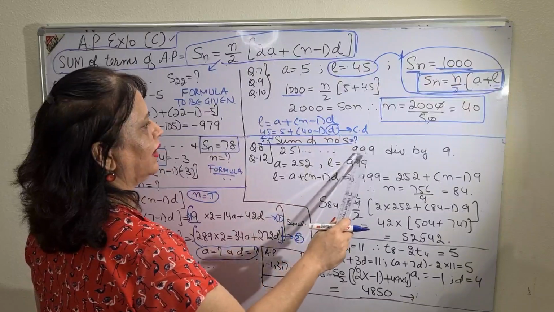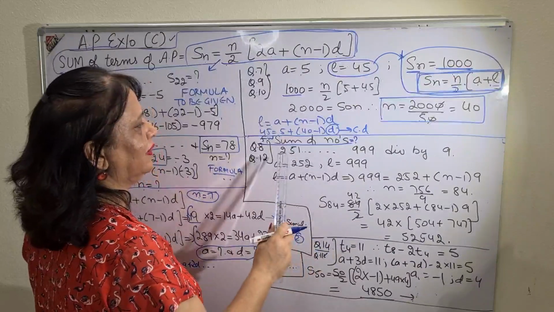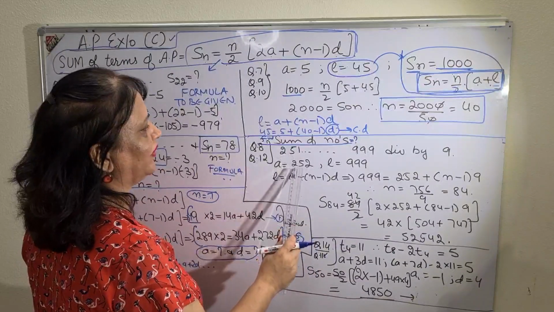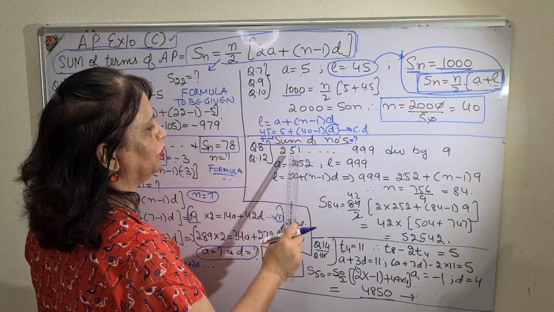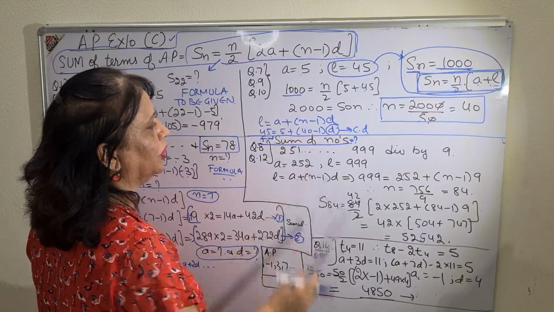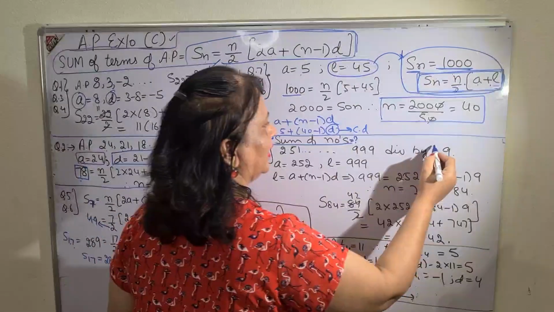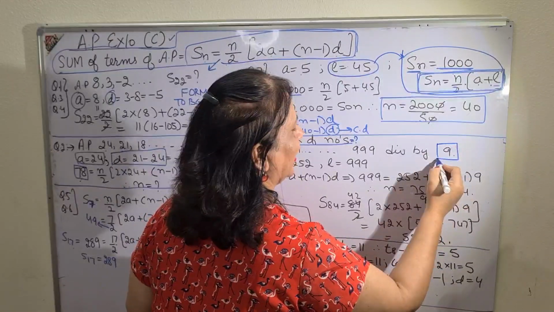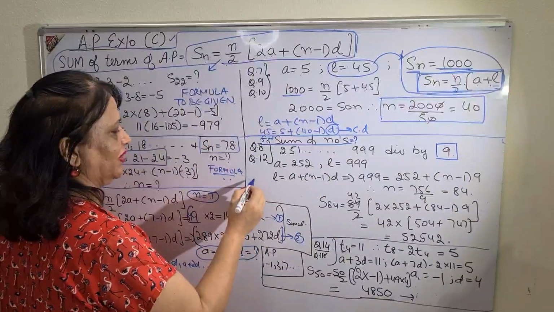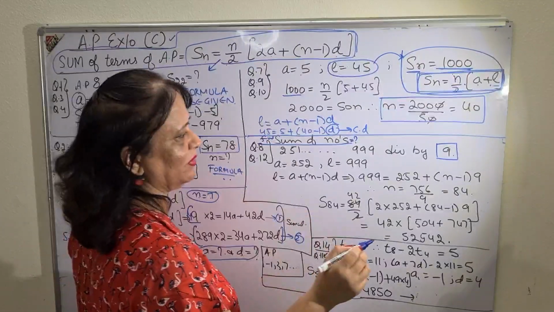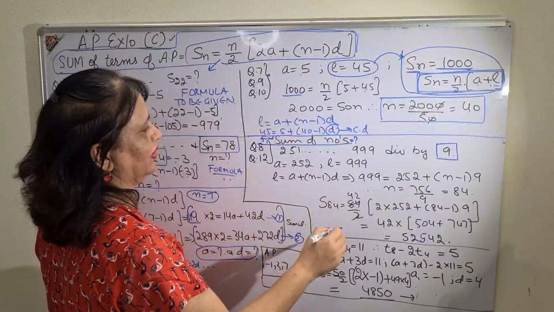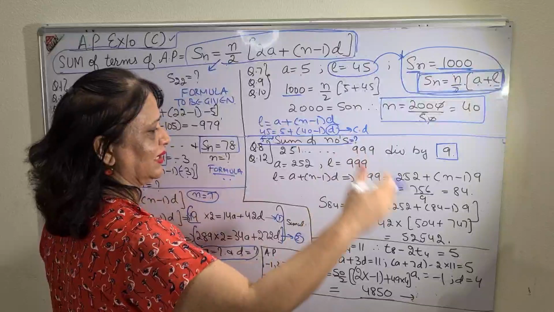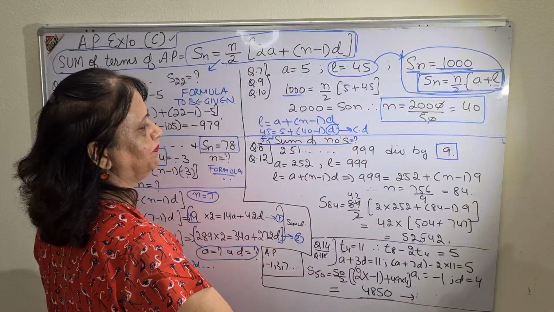Basically, if I start, 251 should be my first number, that is A should be 251, but I have taken 252 because I had the condition that it should be divisible by 9. So I started with 251, but 251 was not divisible by 9, so I went to 252. Similarly, I will keep on testing until I get the first term.